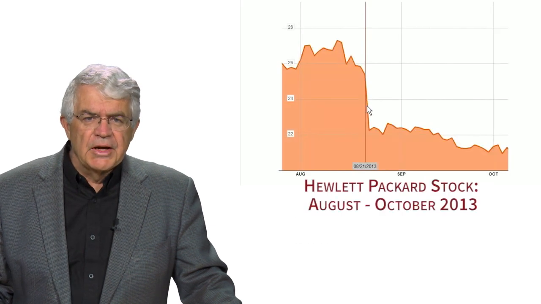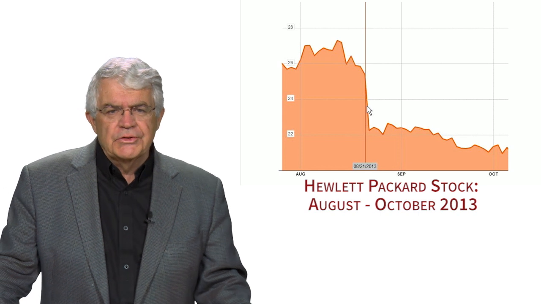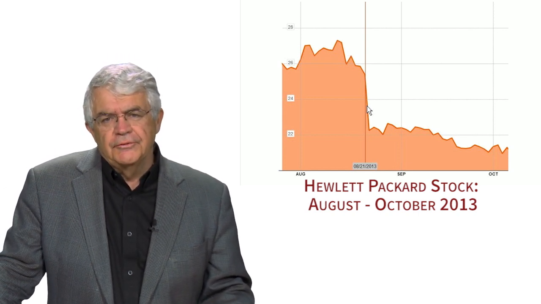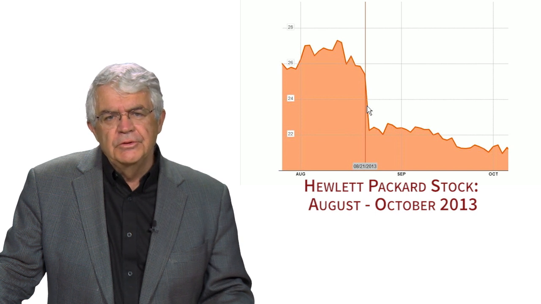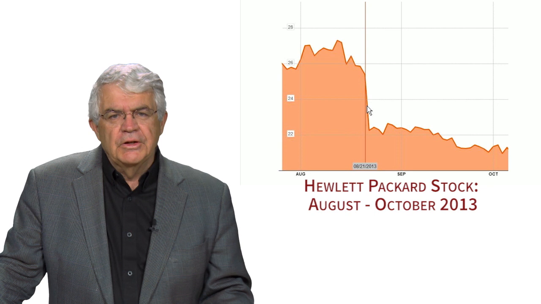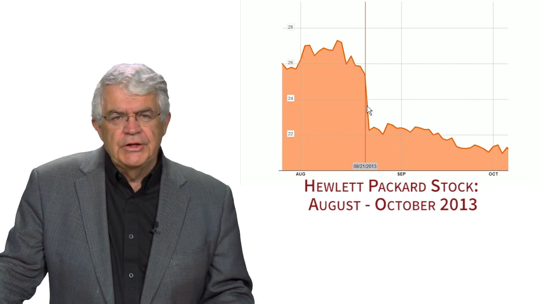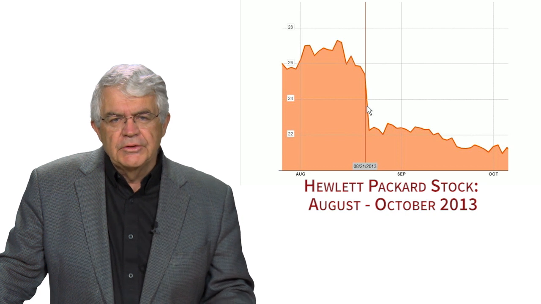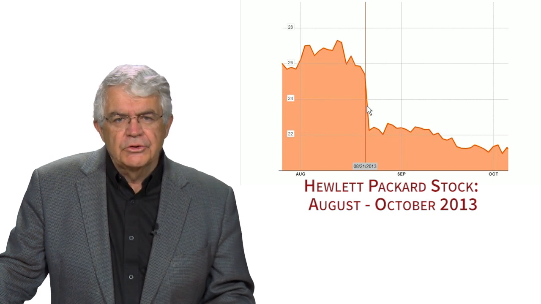Let's consider an example of this. This is the price of Hewlett-Packard stock in the fall of 2013, August to October. You can see at one date there was a large change in the price, a substantial reduction in the price, and the date is indicated there in the chart.